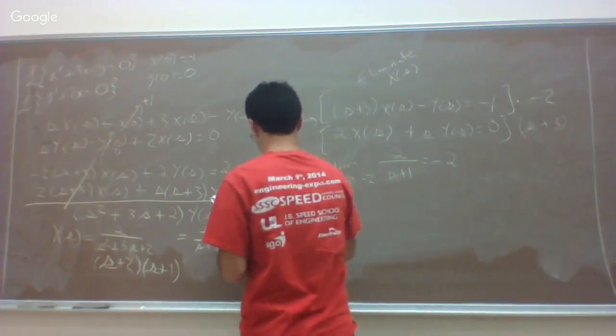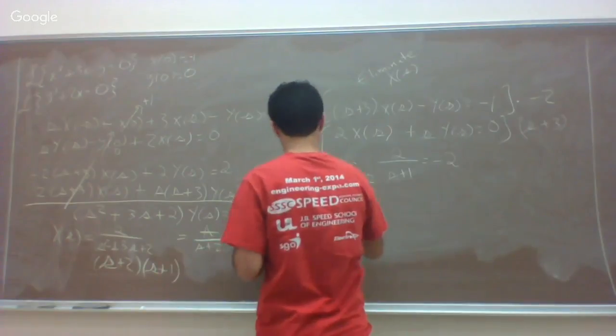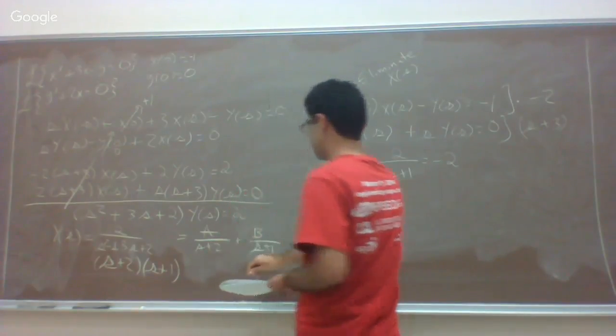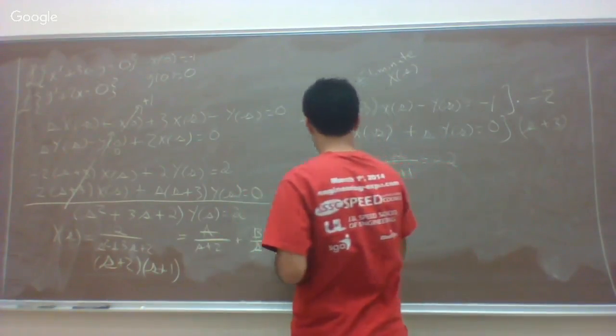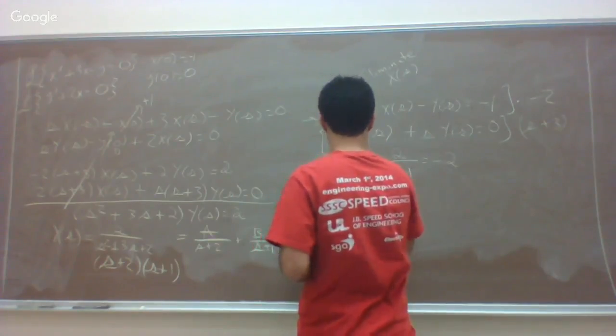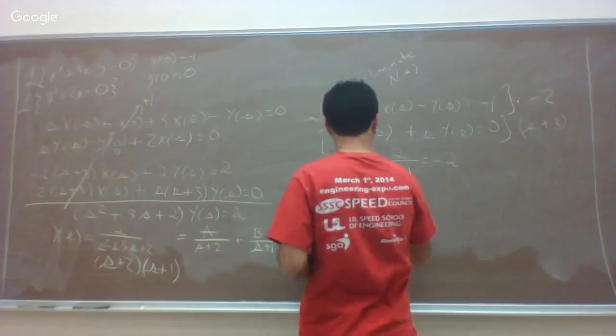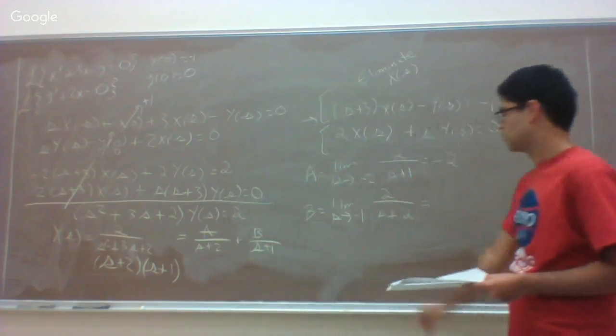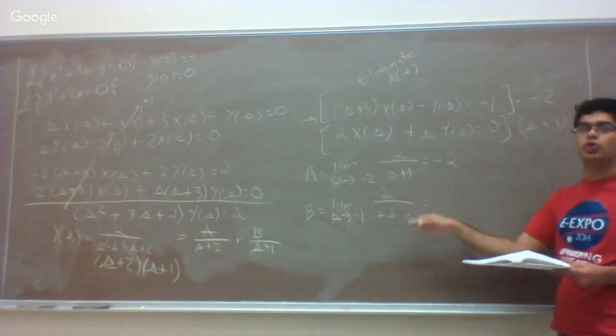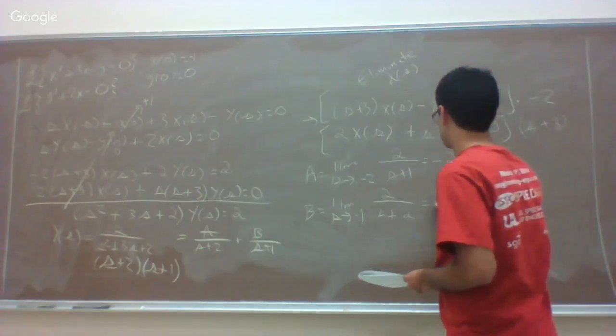For B, I have the limit as S approaches -1 to cancel out this portion. So then I have 2 over S plus 2. If I plug in -1 here, I have 2 over 1. So B is equal to 2.